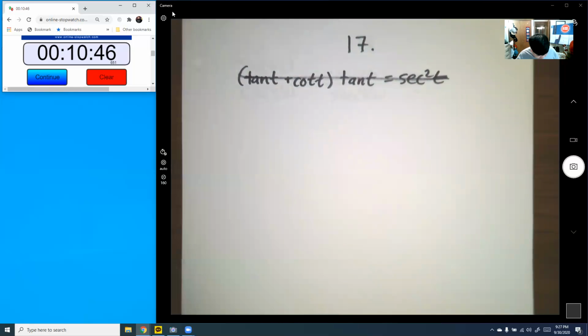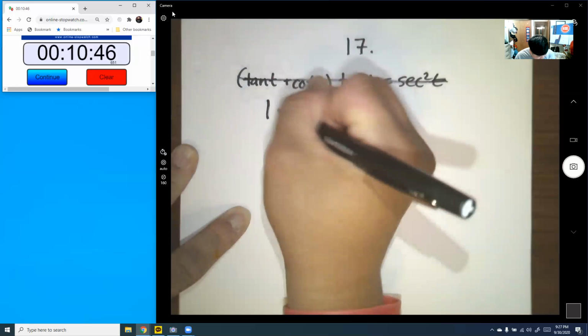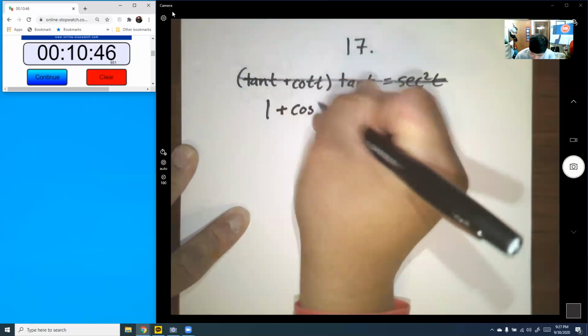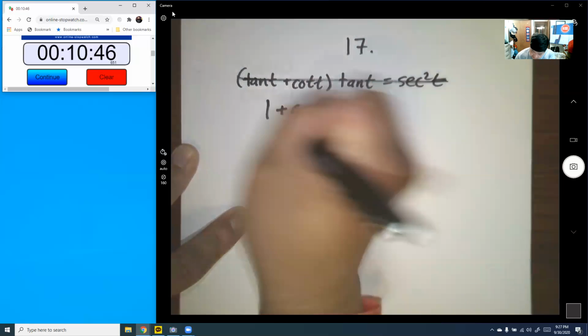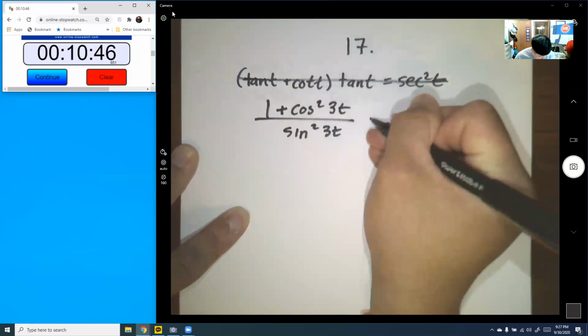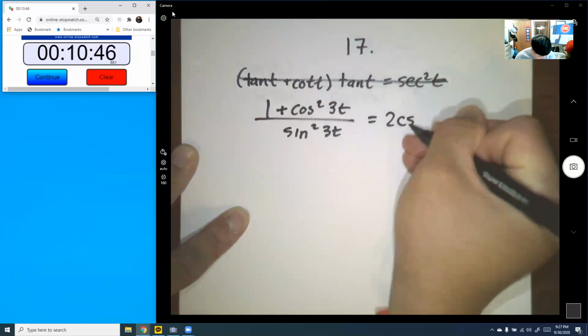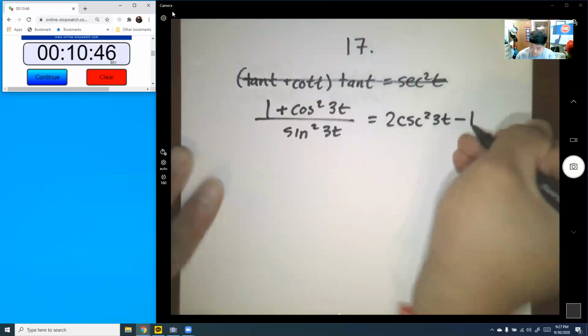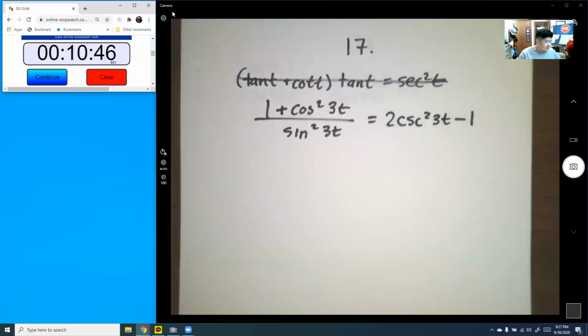So what should our replacement problem be? How about 1 plus cosine squared 3t over sine squared 3t equals 2 cosecant squared 3t minus 1. I think that one looks like a good replacement.